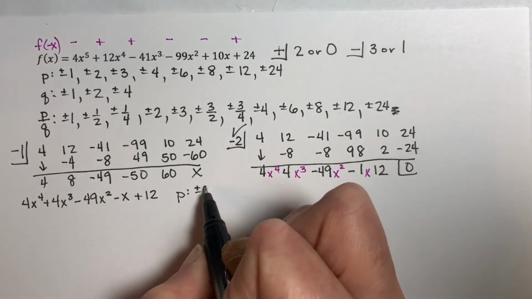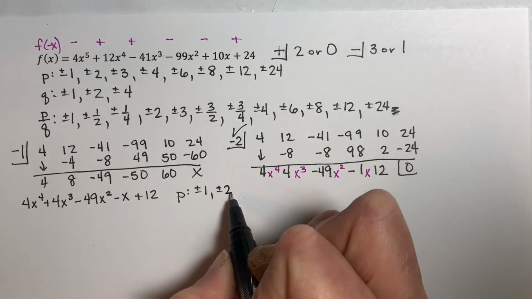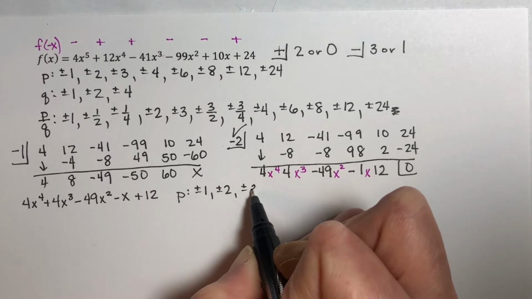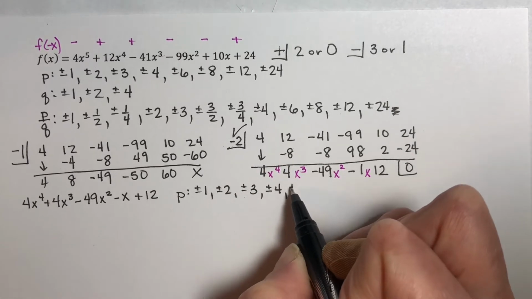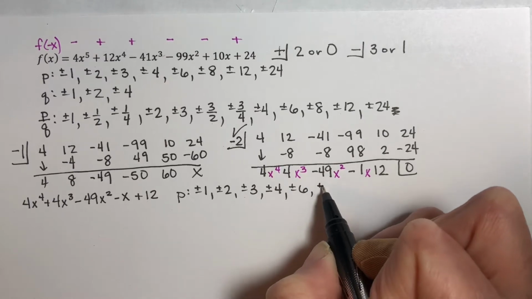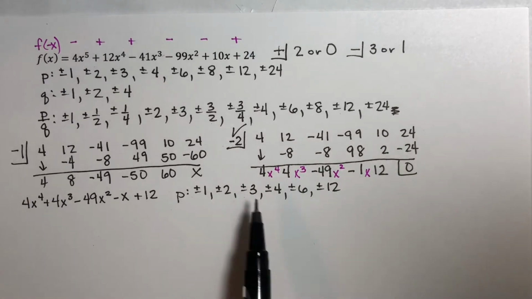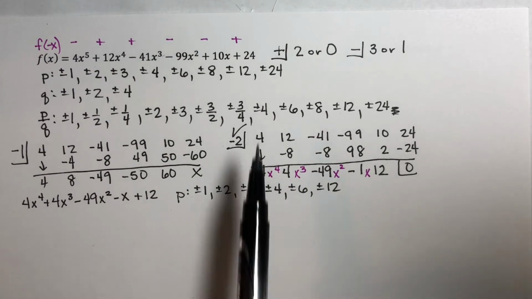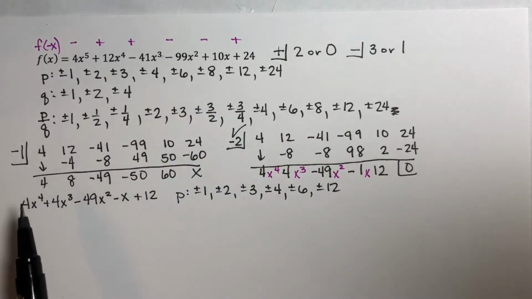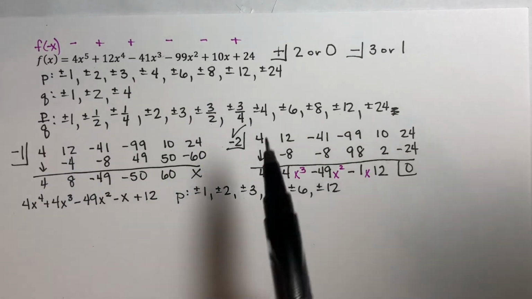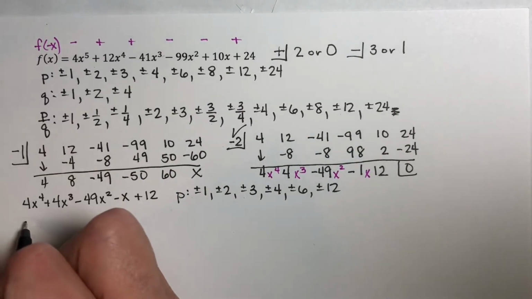Okay, things that divide evenly into 12. That would be 1, 2, 3, 4, 6, and 12. So it eliminated the 24 possibility and the 8 possibility. Now all of my p's over q's, my q values are the same as here, so I'm just not going to recopy them.